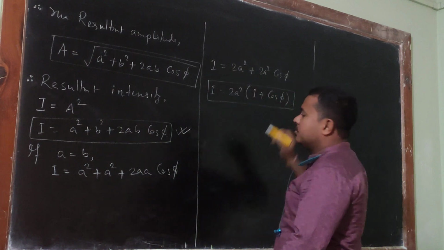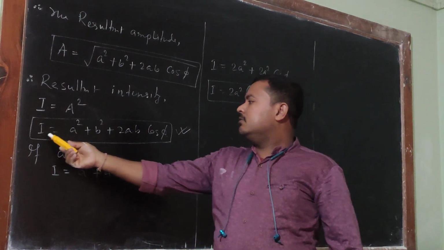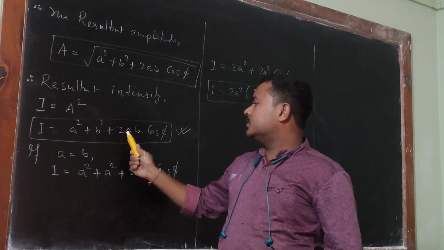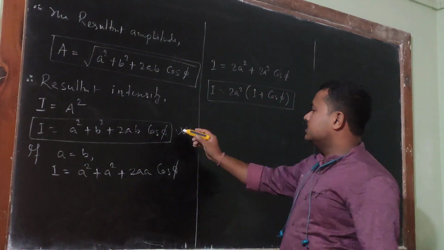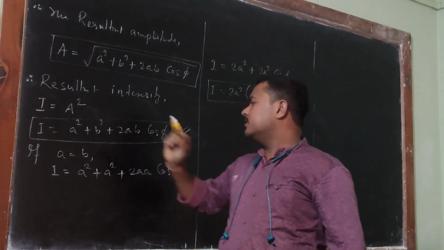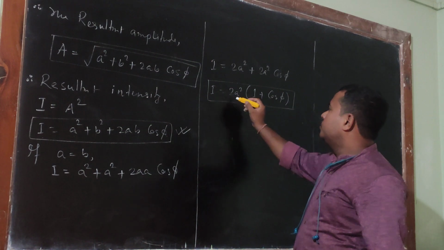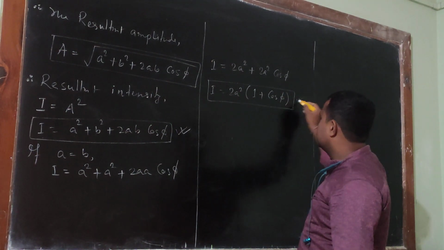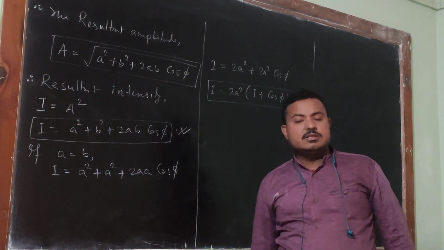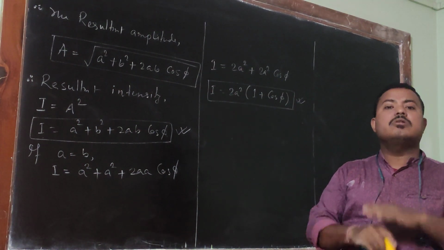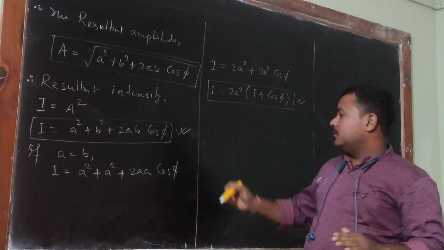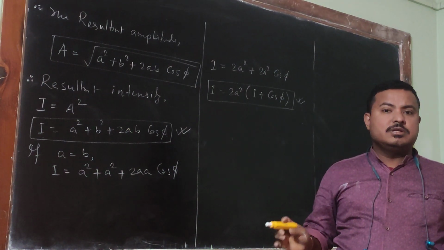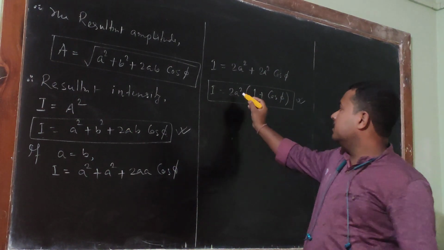So now we have two equations for intensity. One is A square plus B square plus 2AB cos phi. This is the case when amplitudes are different. Another is 2A square into 1 plus cos phi. This is the formula if amplitudes are equal. So in questions, if amplitudes are given equal or there is no information about amplitude, that means you consider they are equal.